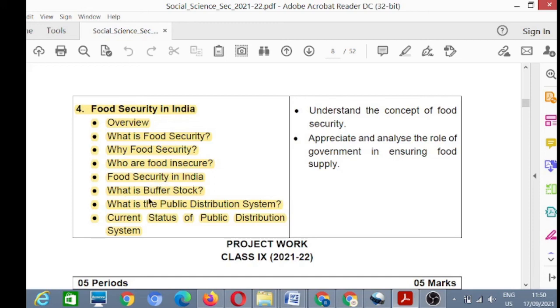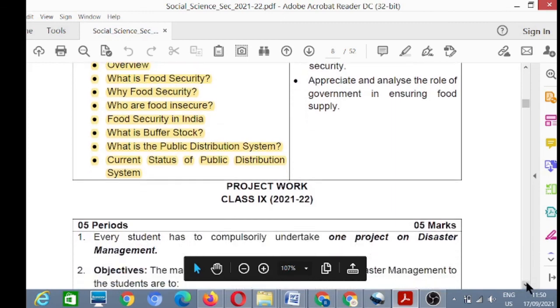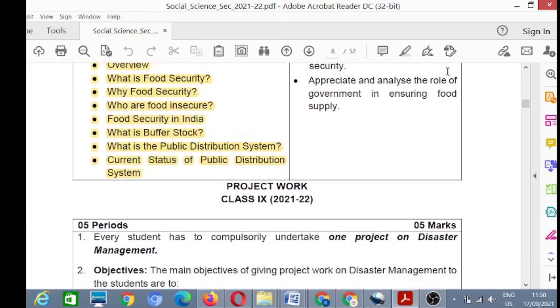Then what is buffer stock? Now, what is the public distribution system, PDS? Current status of PDS. I think this was the last topic. So we have covered the whole syllabus of SST.